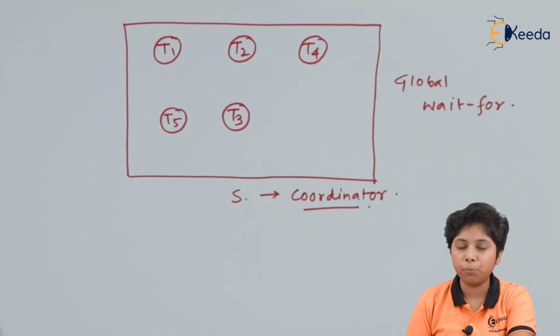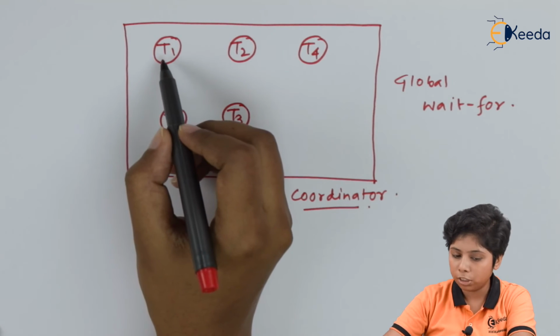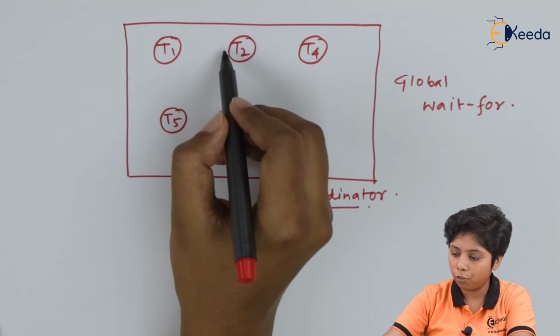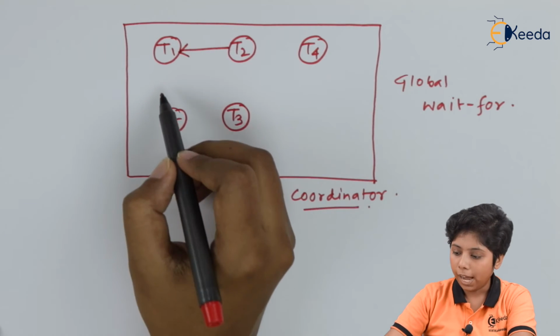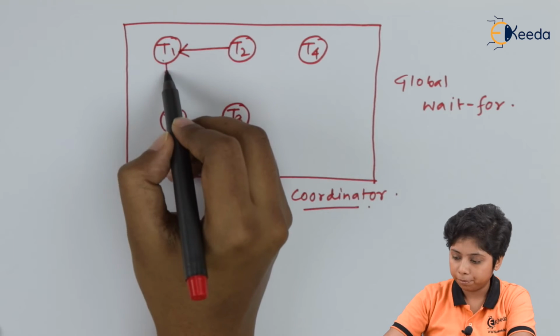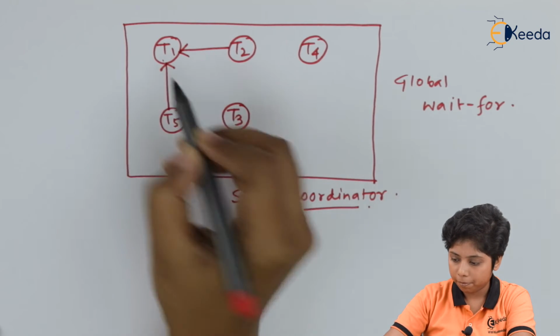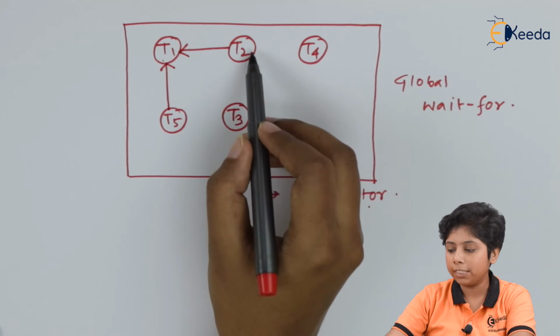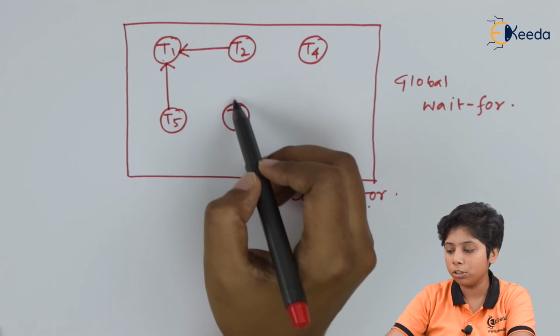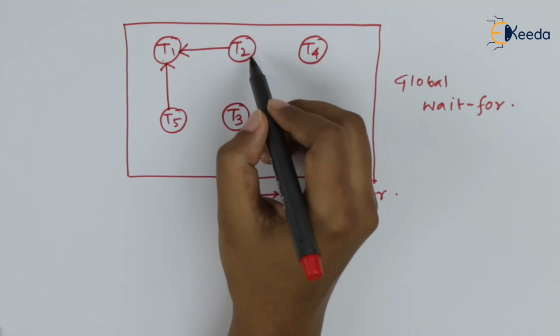So now the coordinator sees that T1 is waited on by T2 and also by T5. For T2, it waits for T4 and also for T3.